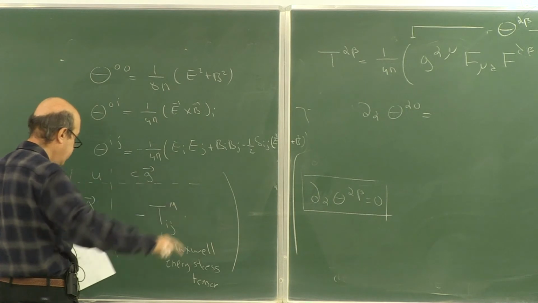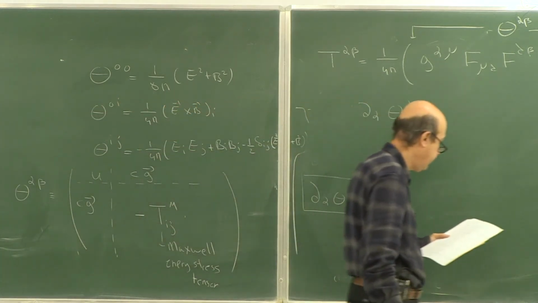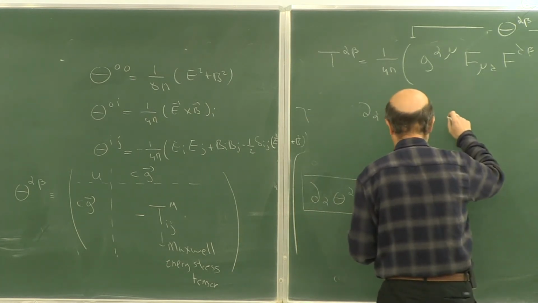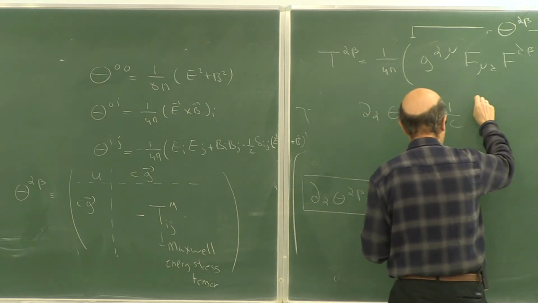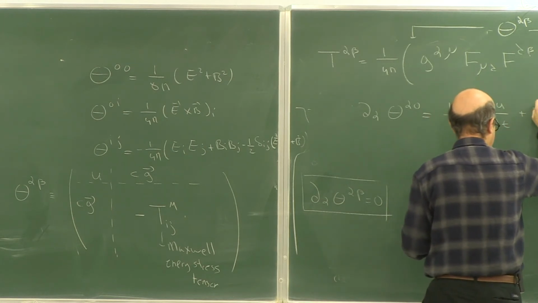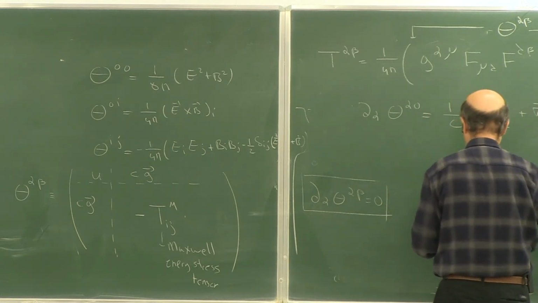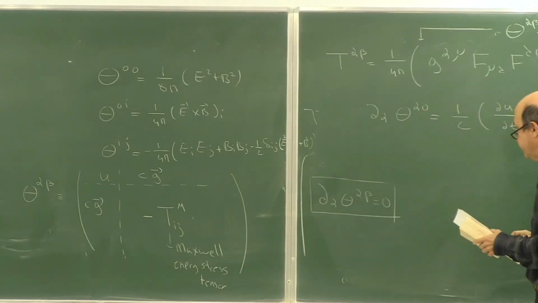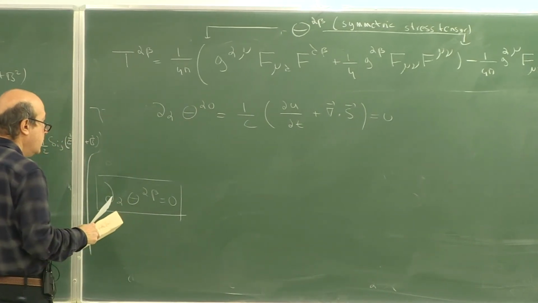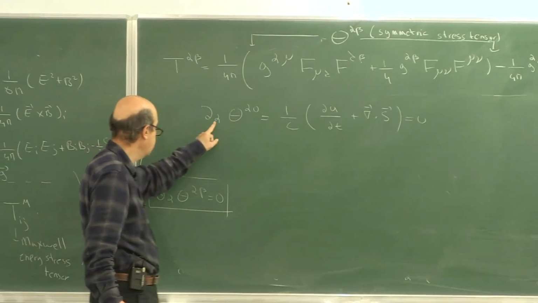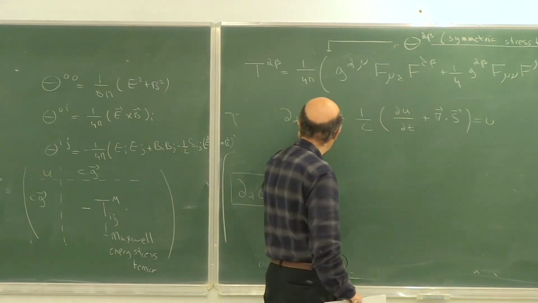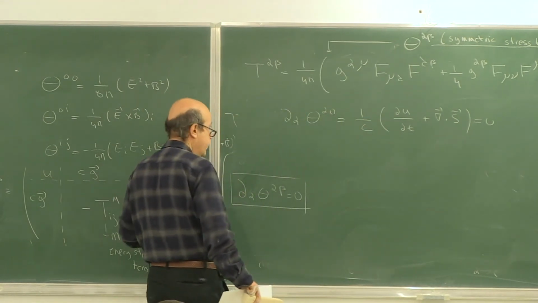So if you take the derivative, you will obtain 1 over c del u over del t plus divergence of S, the Poynting vector, is equal to 0. So indeed you can do this. This is the derivative with respect to time, and this is the 0,0. If you put it, that will be the energy density.